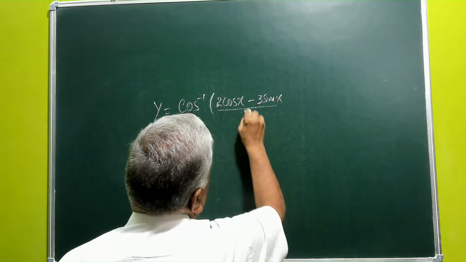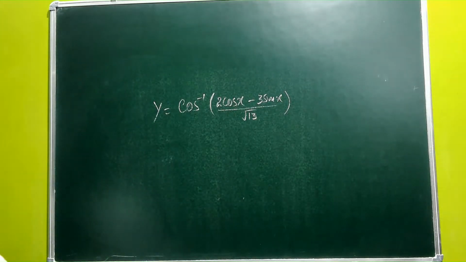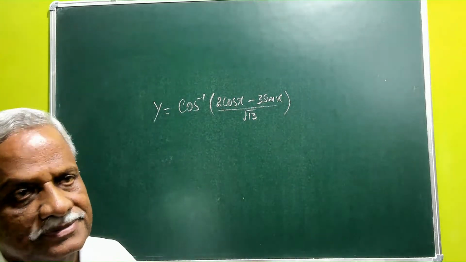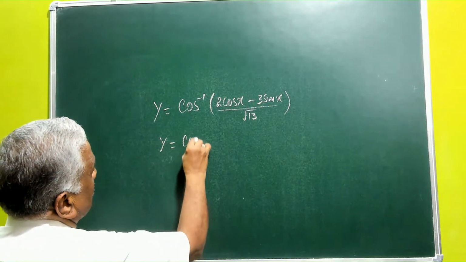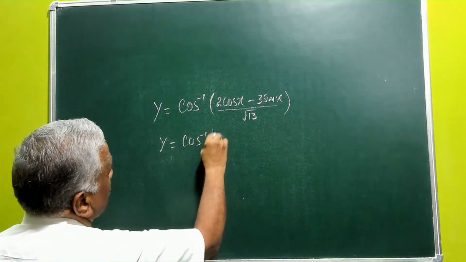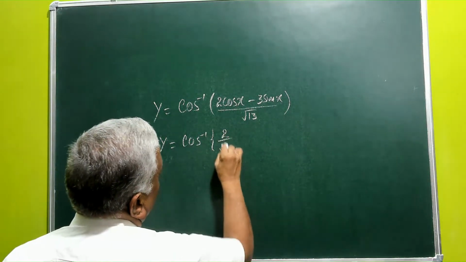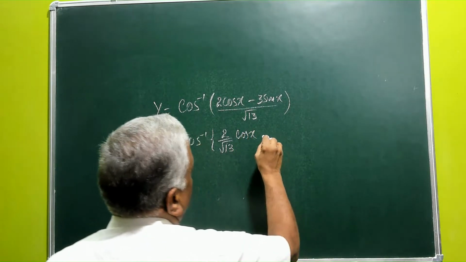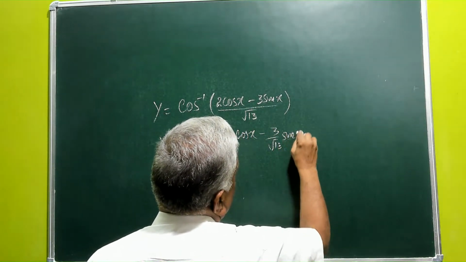by root 13. These are all standard problems you should have worked in the exam classes, but the only thing is they can change the numbers. So here, the method you should have worked earlier, otherwise you can't work this in CET. You separate this: 2 by root 13 cos x minus 3 by root 13 sin x.